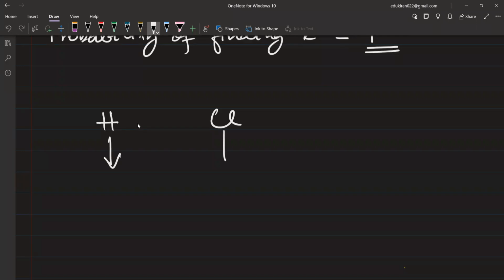What is the fundamental difference between hydrogen and chlorine, or any two atoms? Devangi, attempt it. Sir, on the basis of electronegativity. No, not on the basis of electronegativity.